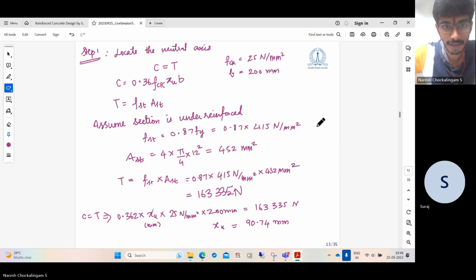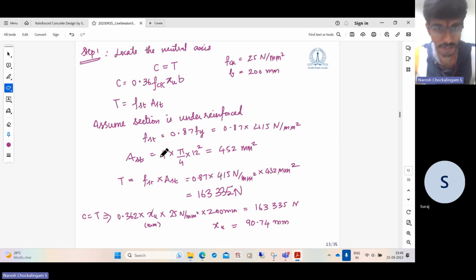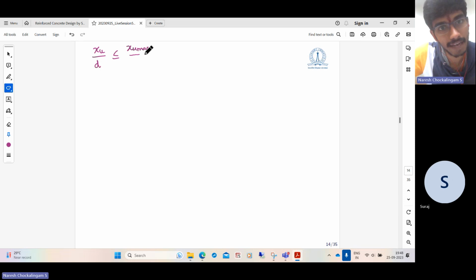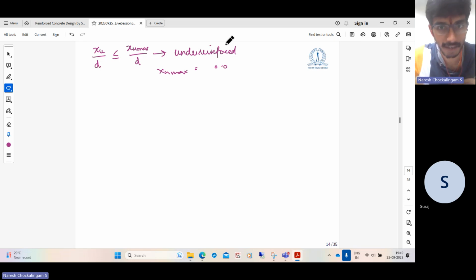This beam is actually under reinforced. If you take the ratio of XU by D, and if that is less than or equal to XU max by D, then you say the section is under reinforced. XU max is the neutral axis corresponding to the balanced cross section.